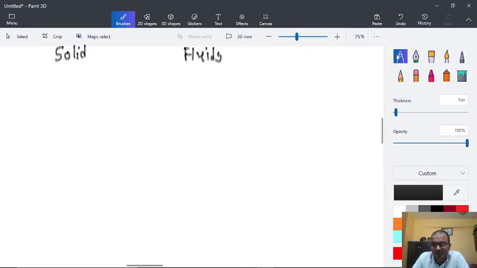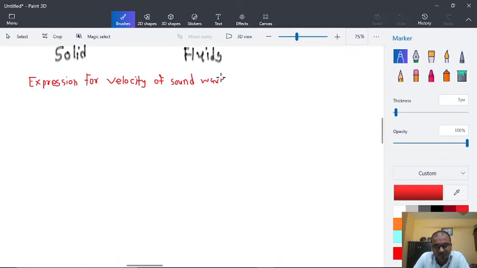Now we will derive one equation: expression for velocity of sound wave in fluid.